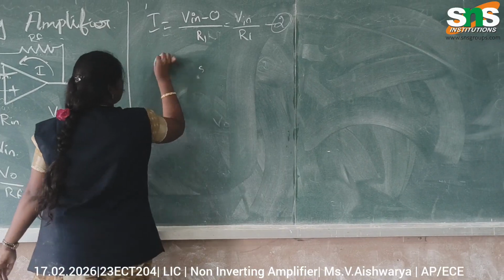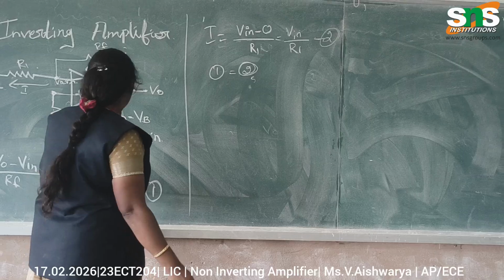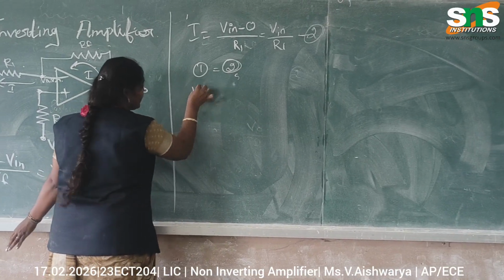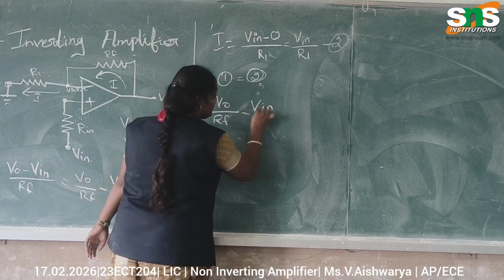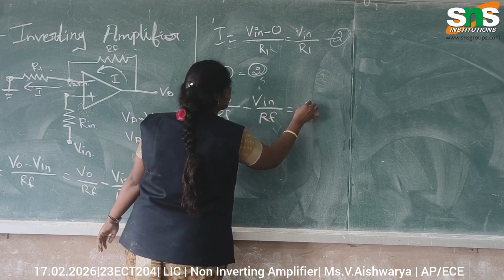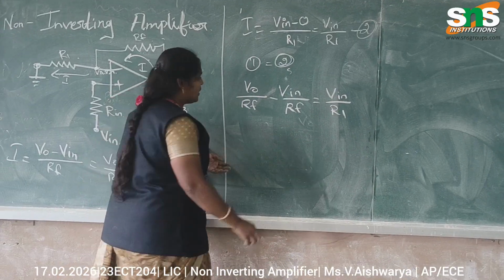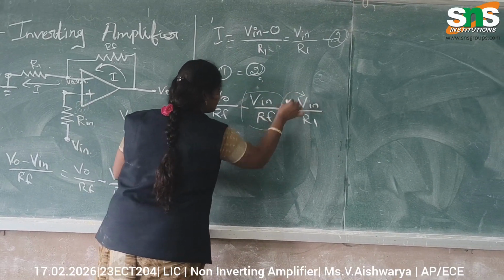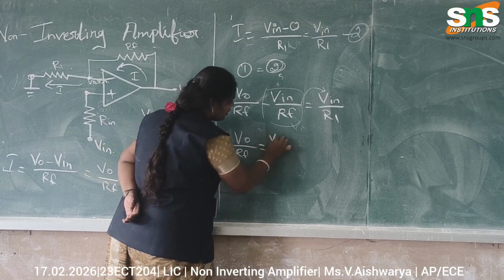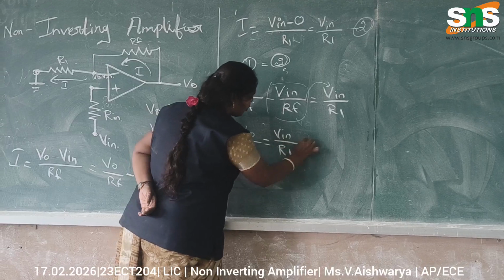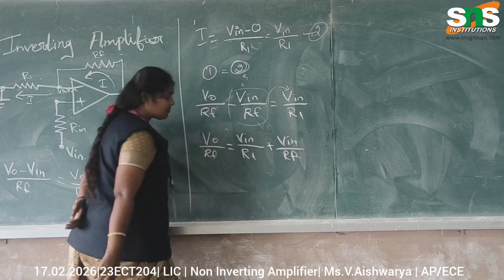Equation 1 equals equation 2. Applying the values, V naught minus V in by RF is equal to V in by R1. Now I transfer this value here, so V naught by RF equals V in by R1 plus V in by RF.